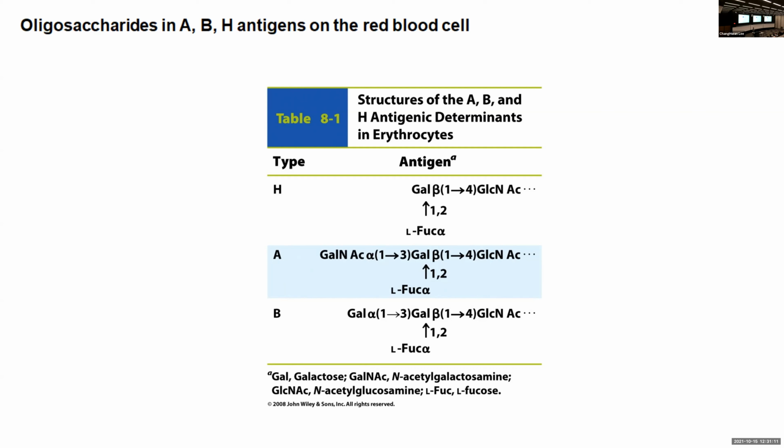Even if it's a small change, a small little decoration, you can still make a huge change there, where you can't get the blood from the A type if you're B type, and so on. So you can just imagine that it's a simple decoration of the sugars, but it's really, really important for recognition and for some biological, biochemical reactions.